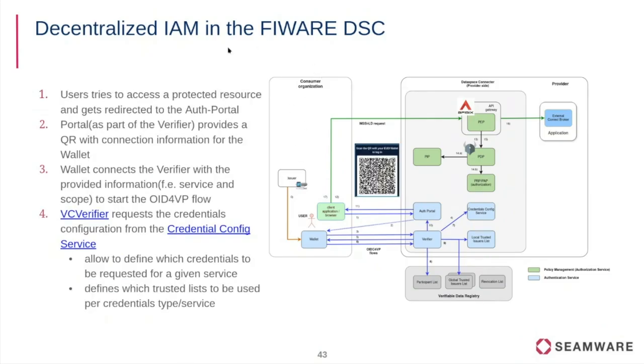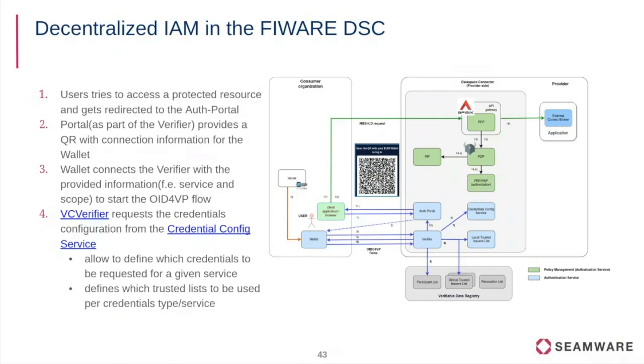Now, when the user tries to access a protected resource, it gets redirected to the authentication portal. We all know this from web applications. If I go somewhere where I'm not logged in already, I get redirected, for example, to the IDP, and we all know those pages where you then can decide, I want to log in with Google, with GitHub, and whatever. A very similar approach happens here. You're trying to get logged in, and then you get redirected to the auth portal.